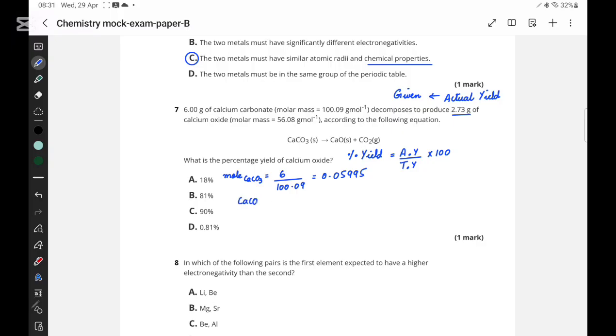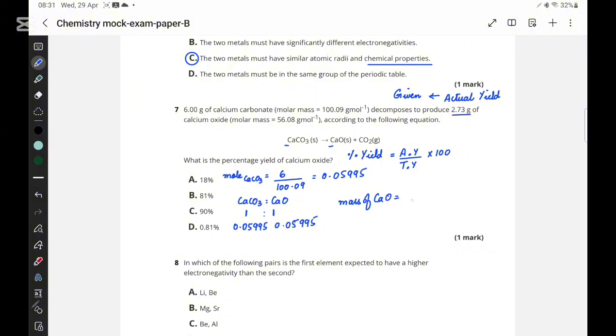You know calcium carbonate is here, calcium oxide is here. We are going to use the ratio method. From the equation they are 1:1, so I'm going to put 1 here, and 1 here as well, 0.05995, and that is also 0.05995.